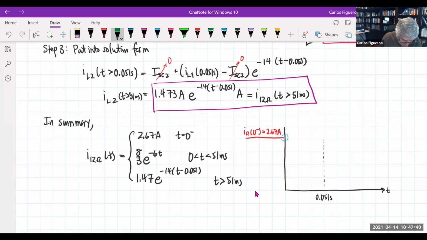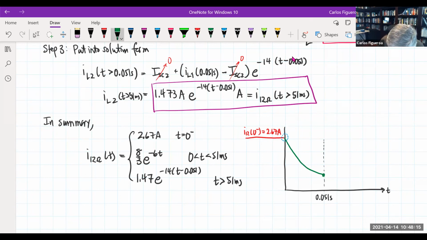So 2.67 times, so this guy's going to decay all the way down to 1.97. So this guy's going to come all the way down to here. And let's say that this is 1.97.